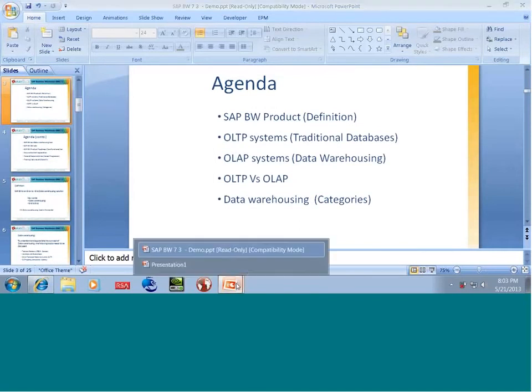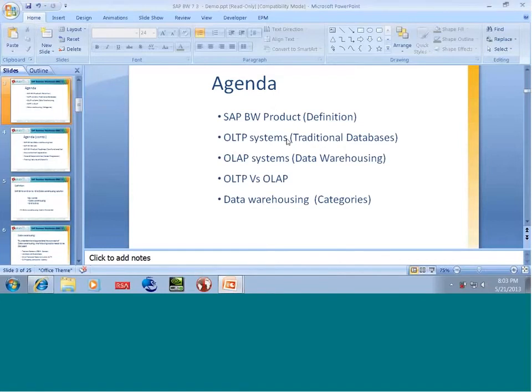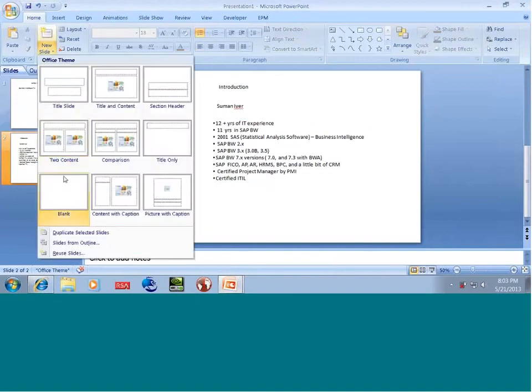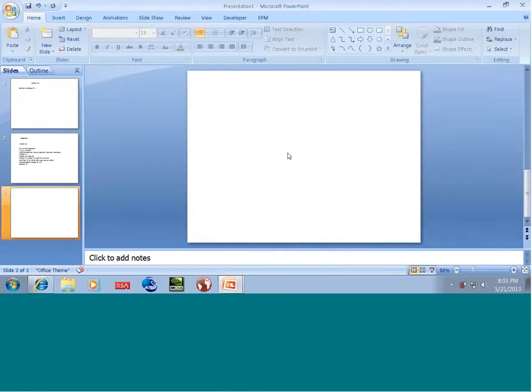Okay, excellent. So what I'm going to be doing is, I have this demo presentation, but I'm more of a slide person. So whenever possible, I'm going to jump and create a new slide, and I'm going to talk and explain the features if possible. If there is anything relevant I can use from a demo, I'm going to flip back to the other presentation and show it from there.